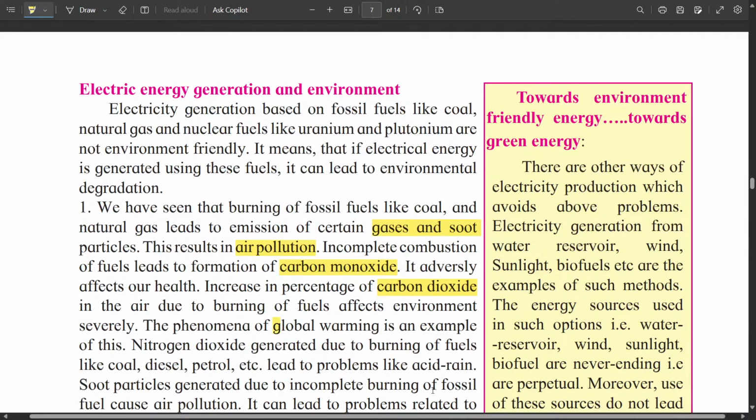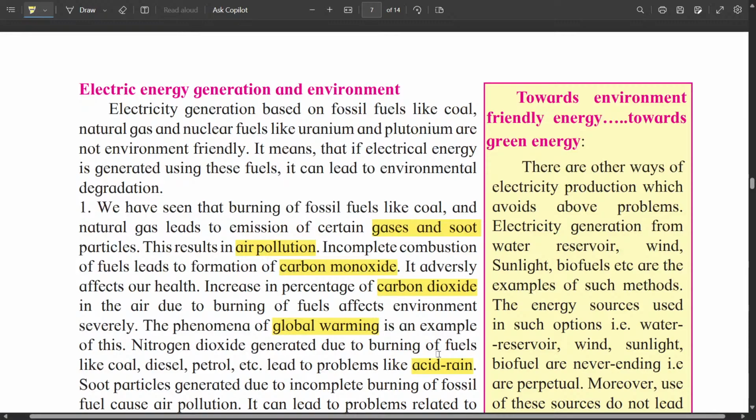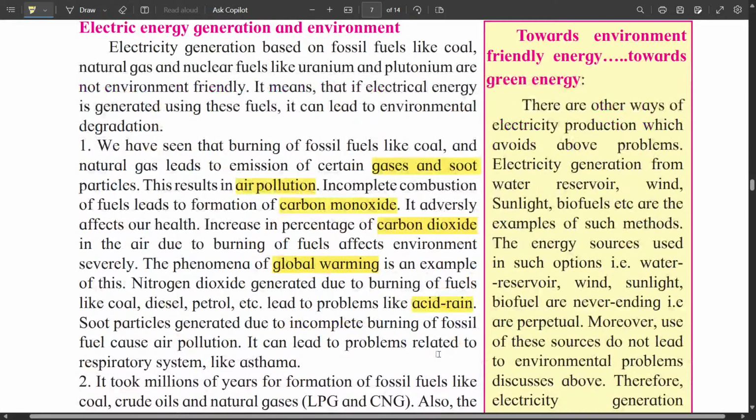It can result in global warming. Nitrogen dioxide generated due to the burning of fossil fuel like coal, diesel, petrol can cause acid rain. Soot particles generated due to incomplete burning of fossil fuel can cause air pollution. It can lead to problems related to respiratory systems like asthma.